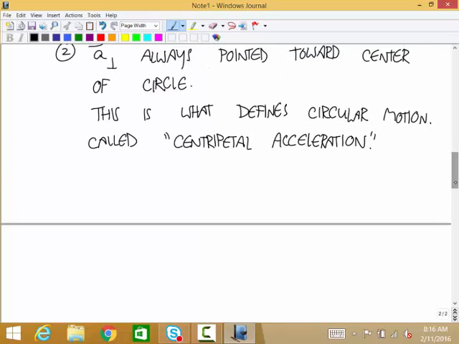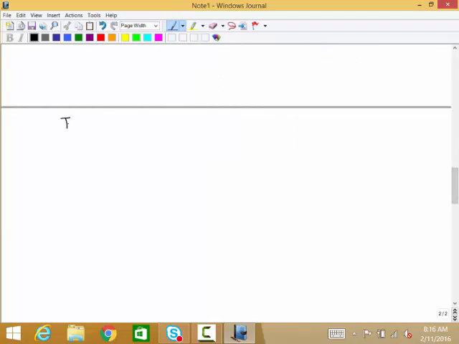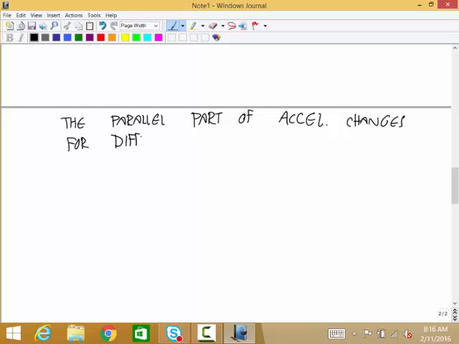The thing that changes depending on what kind of circular motion you have is what happens with the parallel part of the acceleration. So the parallel part of the acceleration changes for different types of circular motion.